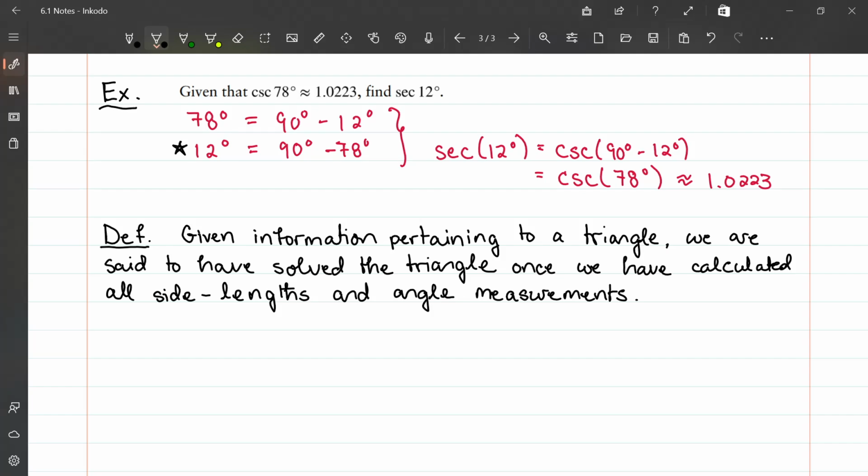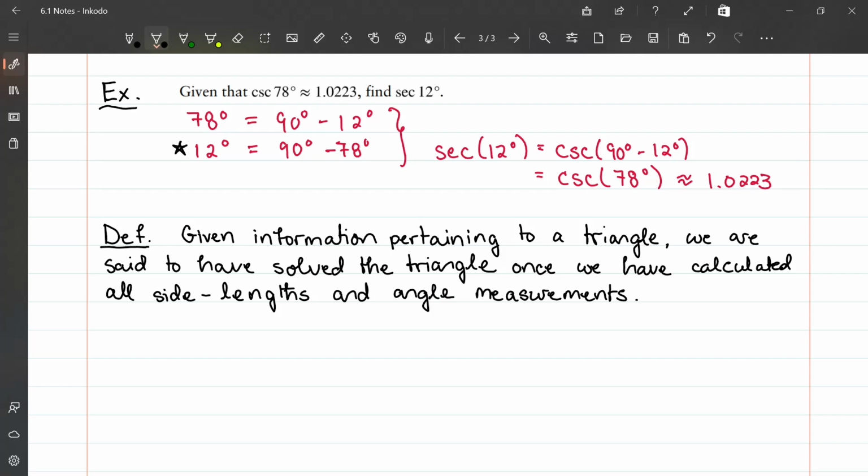Okay, if we know some information about a triangle, then we are said to have solved that triangle once we have found or calculated all of the side lengths of the triangle and all the angle measurements. Now, in this section in particular, with right triangles, this is made a little bit easier.